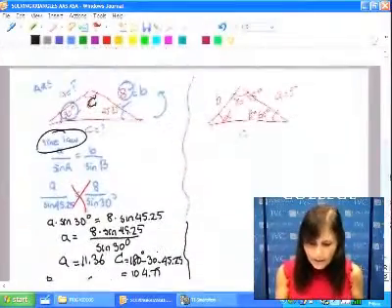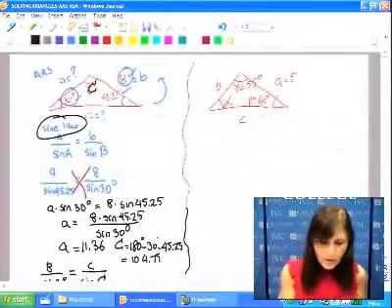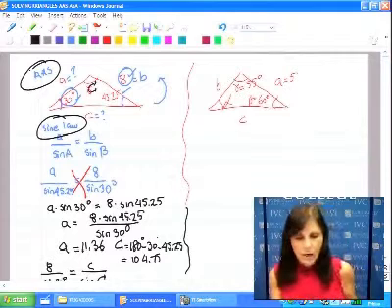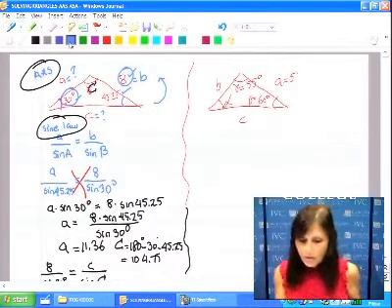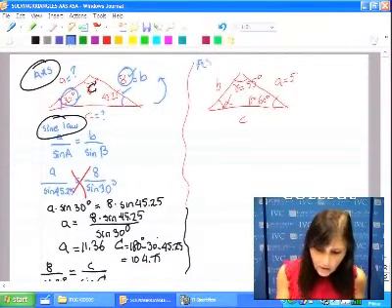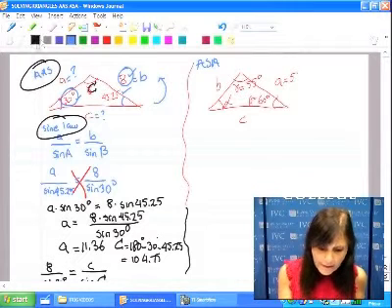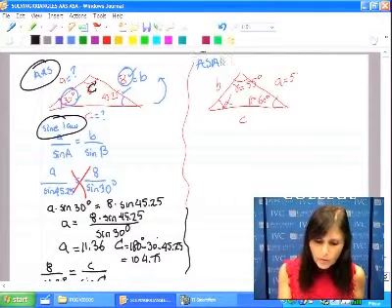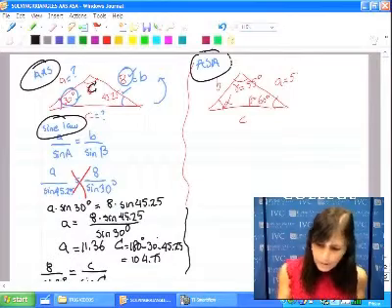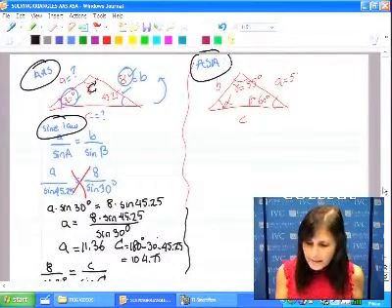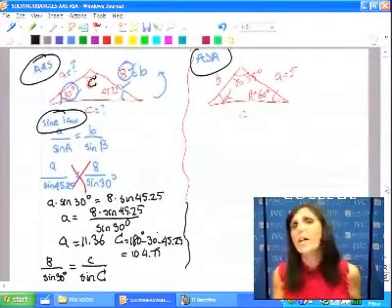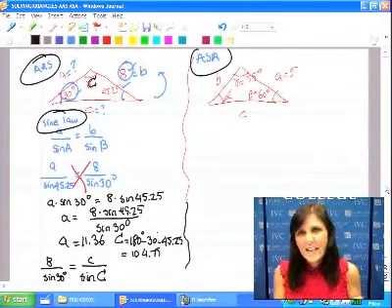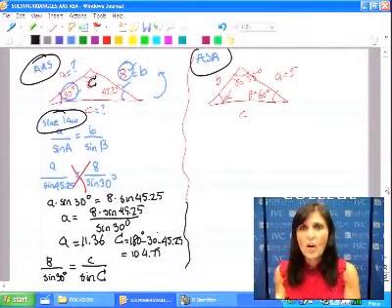Alright, now let's look at another one. This was an AAS triangle. So let's look at the ASA triangle. Like I said, you're going to do AAS and ASA triangles with the same methodology, with the sine law.